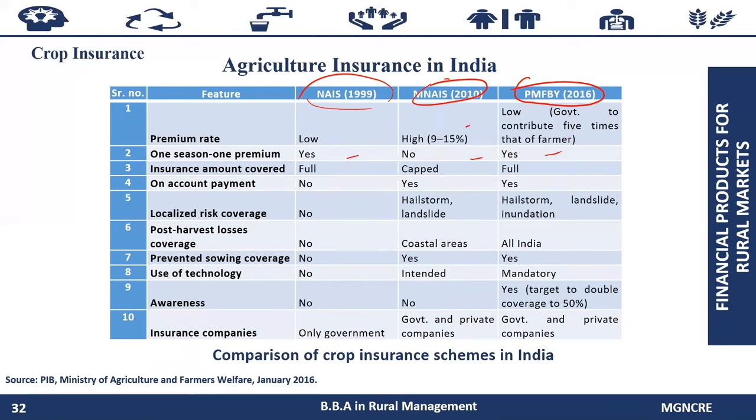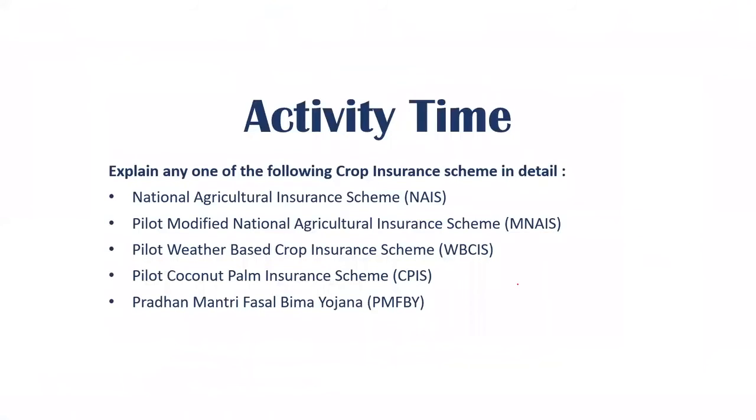Most importantly, awareness of this scheme and this scheme was not there, but people had awareness about this scheme mostly. The main purpose of the schemes is that people should know about them, only then will they have the benefit of them. So we come to the end of this topic and it's activity time.